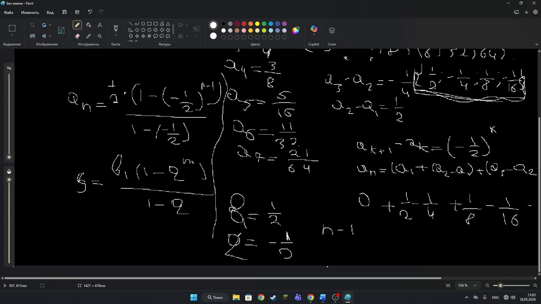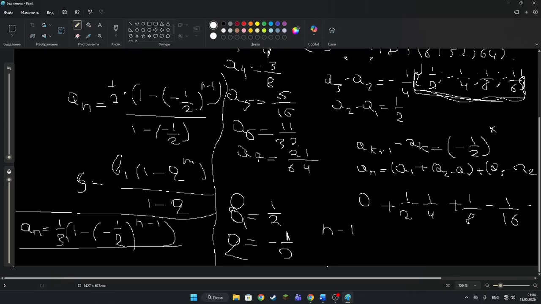So if we calculate this, we can get something like that: an is equal to 1 divided by 3 multiplied by (1 minus (minus 1 divided by 2) to the power of n minus 1).